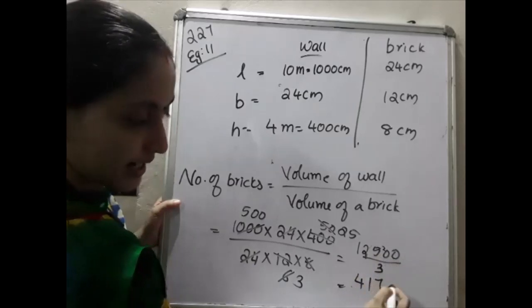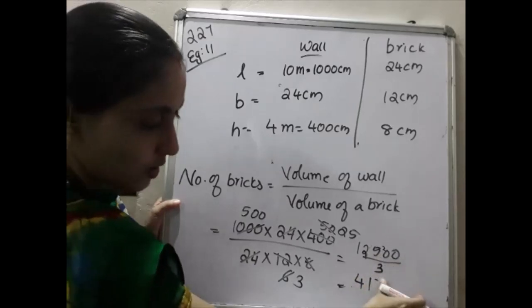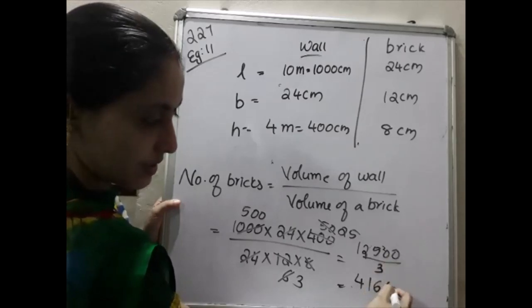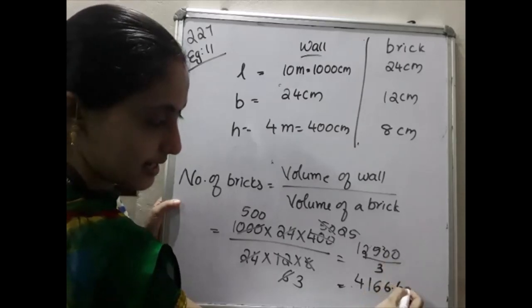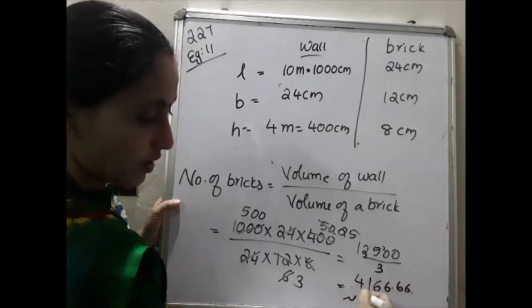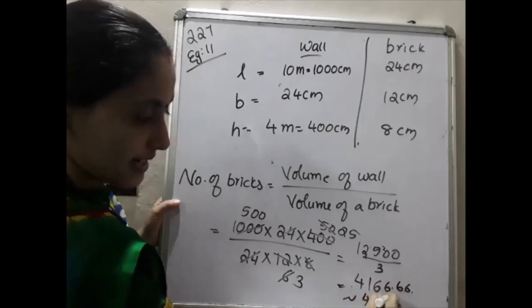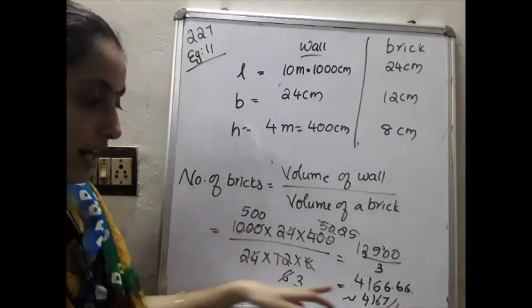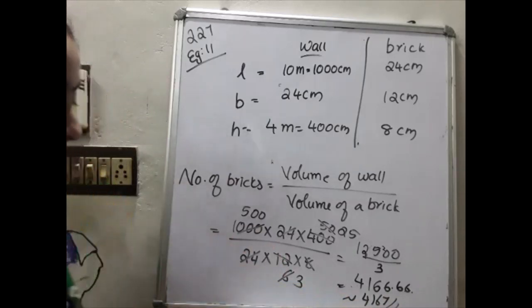That is 6 times, 6 times 18, again 6, 0.666 and so on. That we can round up to 4167. 0.666 is continuing, so we can round up and our answer is 4167.